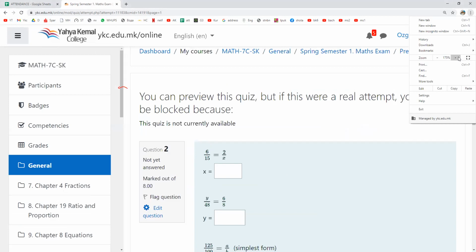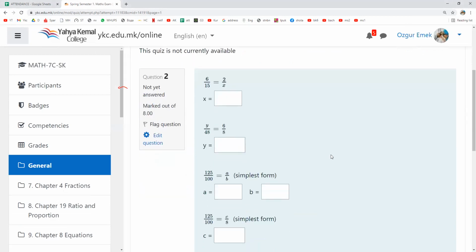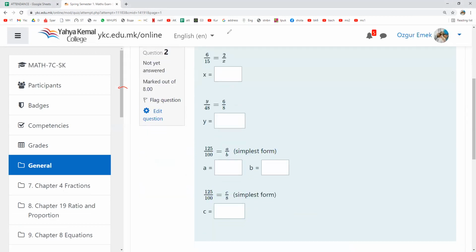Yeah, better now. It's multiplied by 3, so 6 is generated. So the same pattern will be applied here too. What multiplied by 3 equals 15? Obviously, x should be 5.